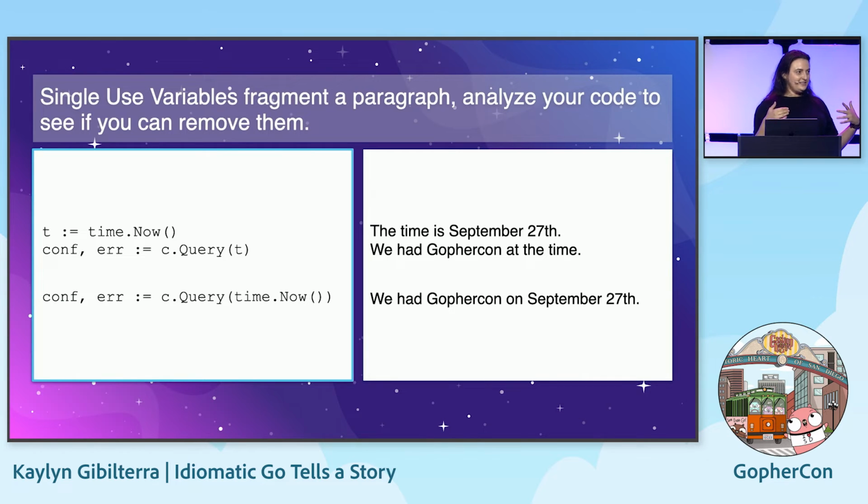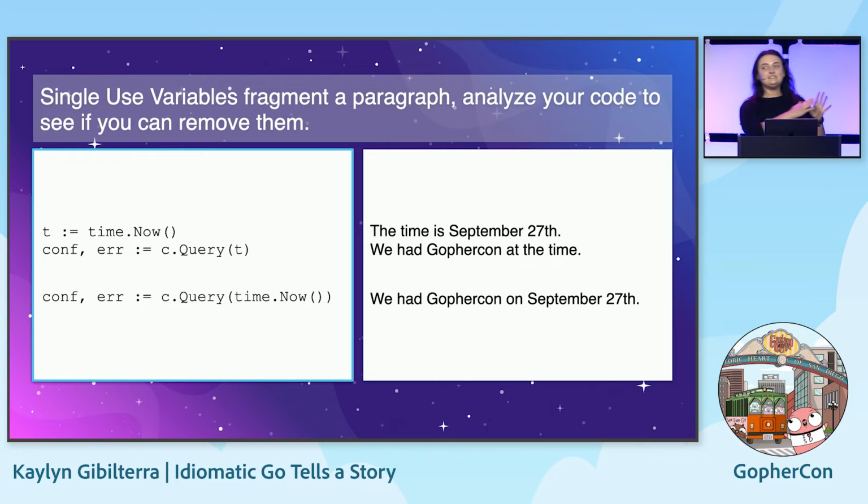Because if your eyes are glazing over as you read this code, if you're feeling like, oh no, there's a bunch of things, where should I be looking? That increases the chances that you push out a bug. It increases the chances that you aren't thinking about what the code is doing. So what I've found is that when there's a bunch of initializations, we always just quickly scan for are any of these single use, is there a possibility you want to pull these in? When the engineers start doing it, they're often really surprised by how much better their Go code looks.